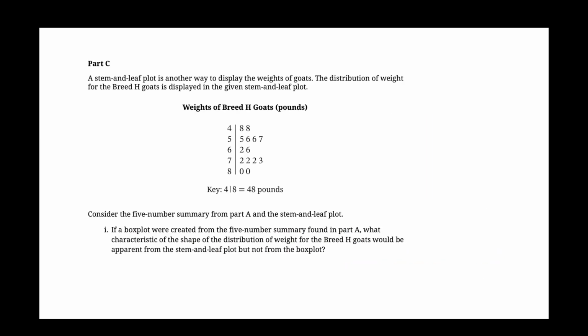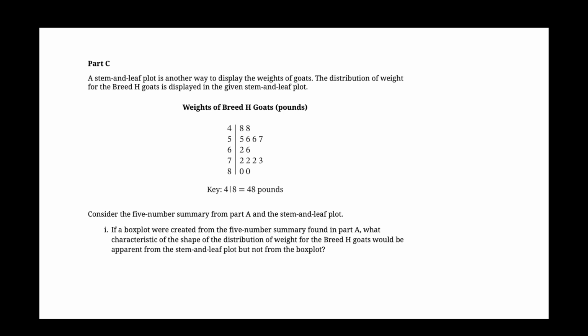Now part C of question number 1. A stem leaf plot is another way to display the weight of goats. So they've displayed a stem leaf plot of the distribution of weight for the breed H goats. And they're asking us to consider the 5-number summary from part A and the stem leaf plot.